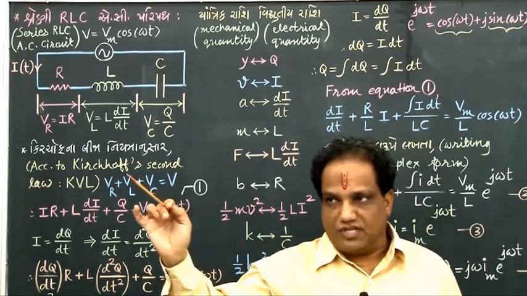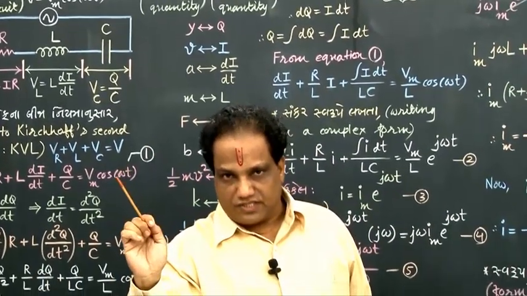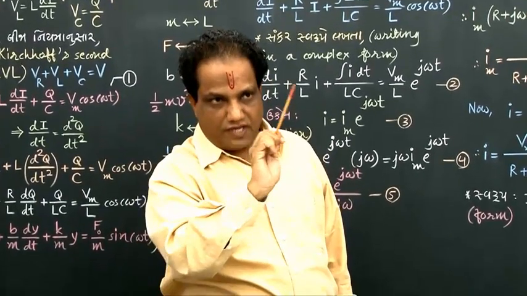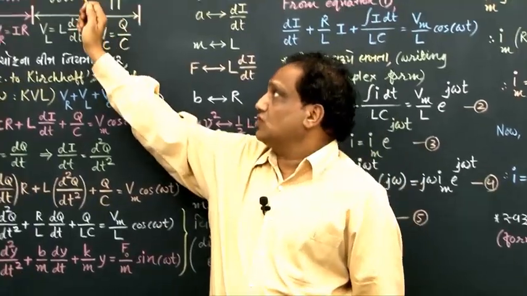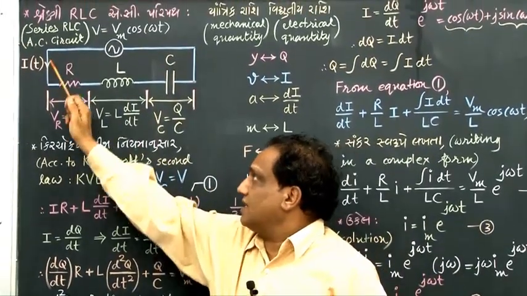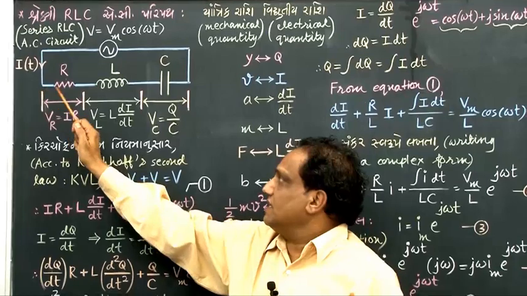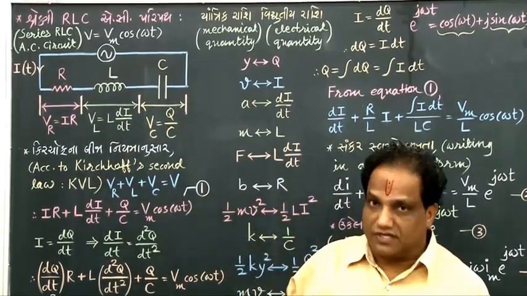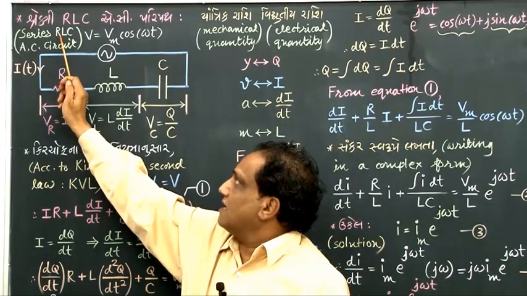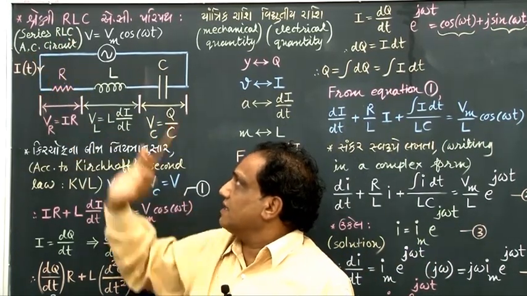If a series connection of one resistor, one inductor and one capacitor is connected with an AC source, then the whole circuit is called series RLC AC circuit.